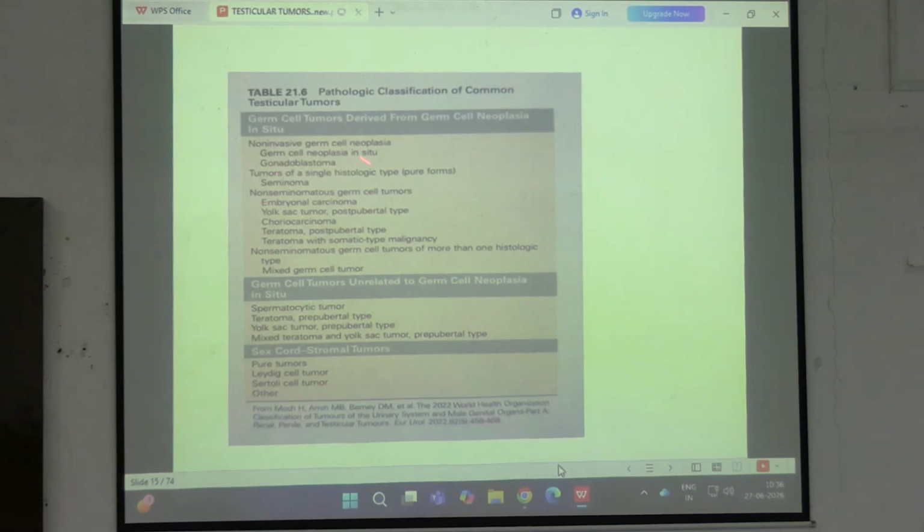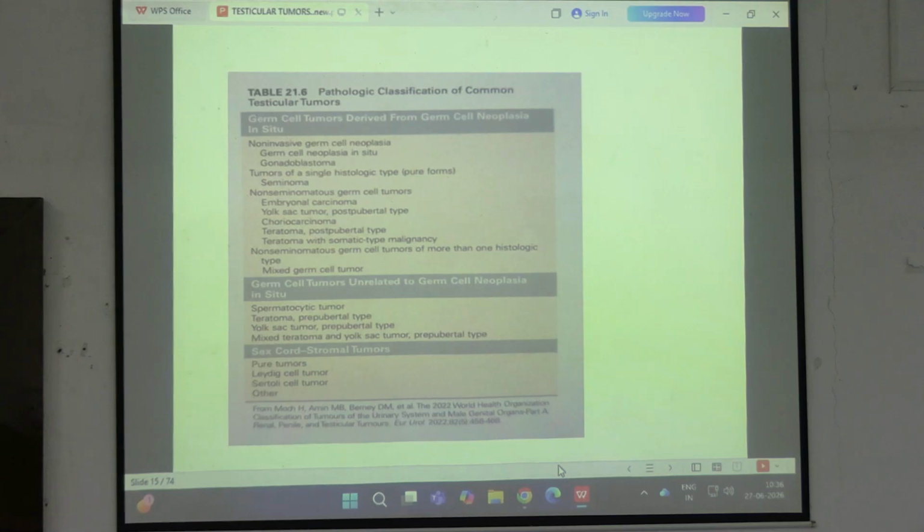Now, tumors of single histologic type, pure forms. Why are they saying tumors of single histologic type? Because whatever tumors you are reading here, they can also be mixed. In that case, we call them mixed germ cell tumors. Two or more can be present in various percentages, and then we call them mixed germ cell tumors, okay? Pure seminomas are present.